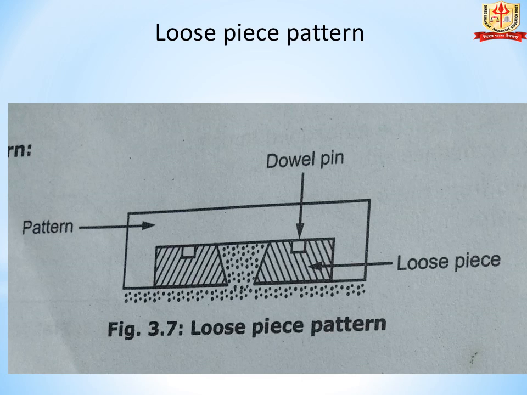In such cases, the projecting parts are provided as loose pieces temporarily attached to the pattern with dowel pins or nails. While withdrawing, the pattern is first taken out, leaving the loose piece in the mold. Then the pieces are removed.